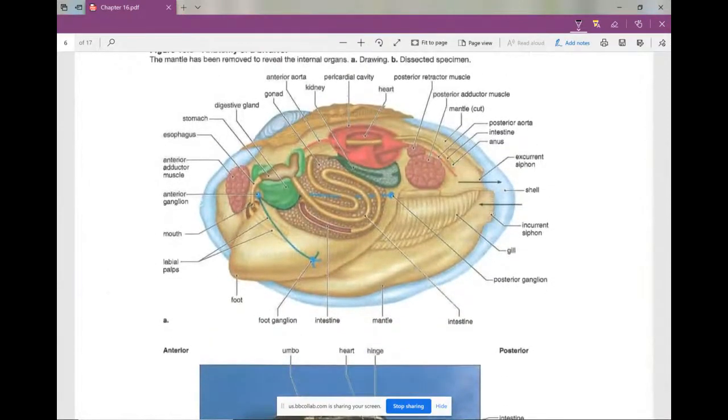Here's a nice diagram of this animal. So remember, you don't need the internal organs. You know your foot, and the location of the mouth, because that tells you that it's the anterior.